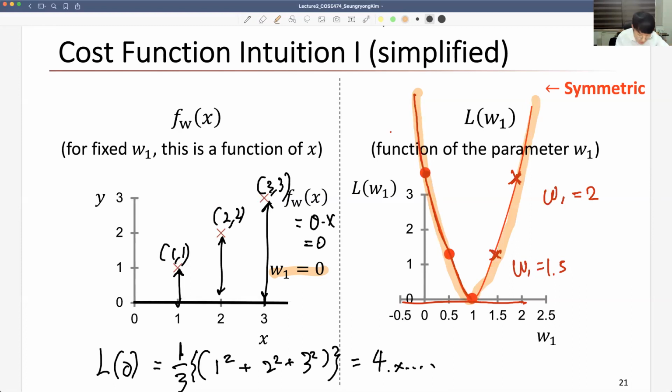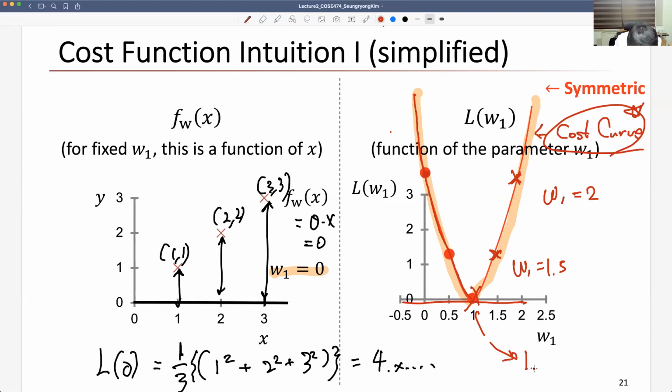This curve is called the cost curve. What we want to do is find the W1 that represents the minimum of this cost curve. In this case, L of 1 is equal to 0, so W1 equal to 1 is the optimal parameter.